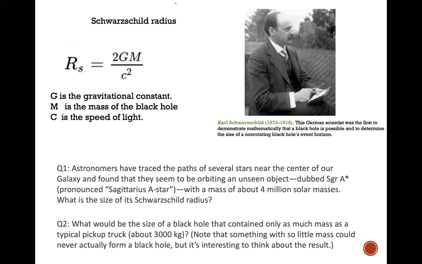We will be using this equation even in exams, and because of that I expect that you will remember this equation. This is a basic equation. And this Schwarzschild radius is given by 2GM over c squared.